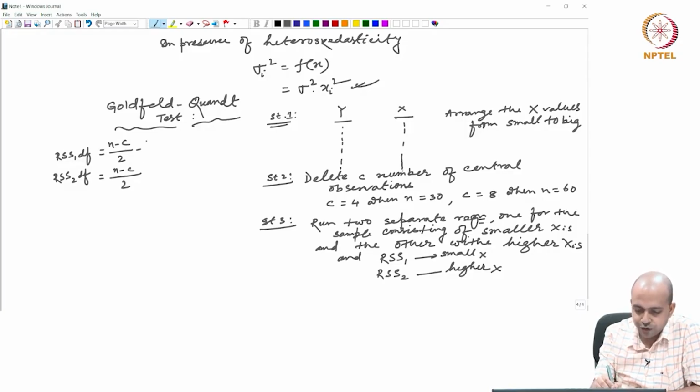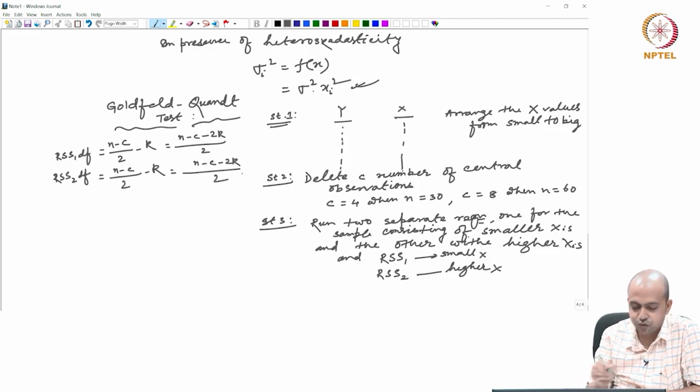Then the degrees of freedom would be n minus C by 2 minus k, that is, n minus C minus 2k, divided by 2. This is also n minus C minus 2k divided by 2.